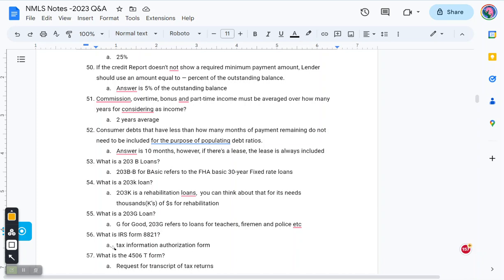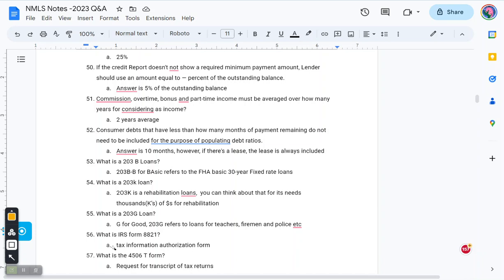Next is the 203G loan. How you can remember that is G for good. The 203G loan is being used for teachers, firemen and police. So they are all the good people who serve the society, and that's the reason why you can remember it as G for good for teachers, firemen and police.